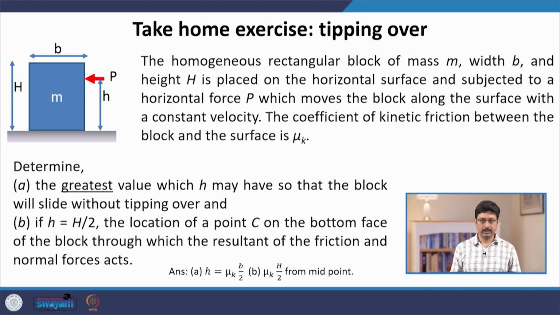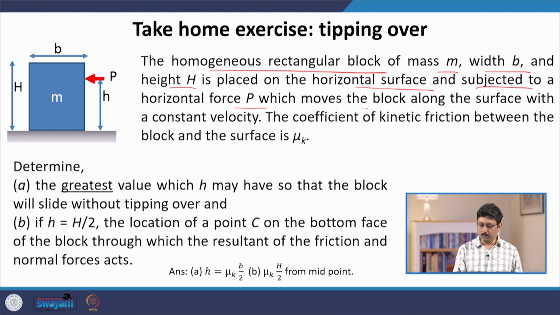Now I quickly mention another exercise for you to try. You can do it in the same way. There is a homogeneous rectangular block of mass m, width b and height h placed on a horizontal surface, and there is an external force P moving the block along the surface with a constant velocity.